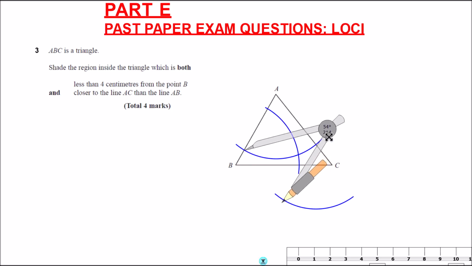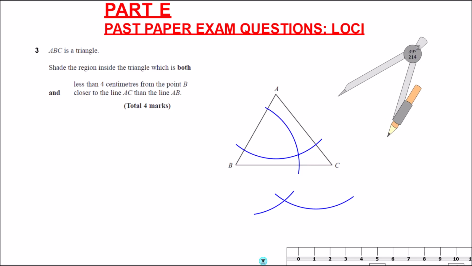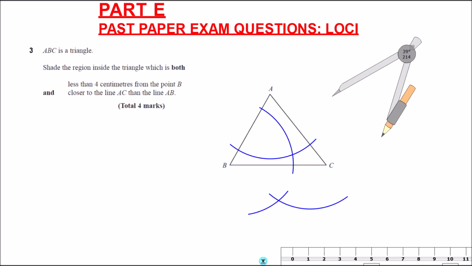Move the compass needle over to the other edge, and do the same, so that we have two crossing curves. The next step, between where the curves cross and angle A begins, we do a straight line through both. And that straight line is the angle bisector.